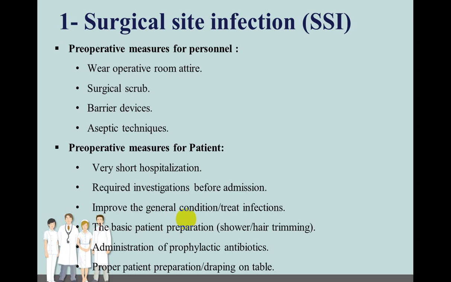Preoperative measures for the patient: very short hospitalization, required investigations before admission, improve the general condition, treat infections, basic patient preparation, shower, hair trimming, administration of prophylactic antibiotics, proper patient preparation, draping on the table.